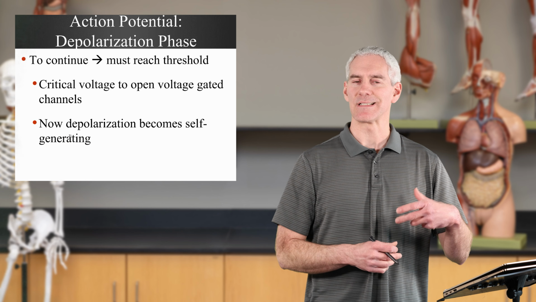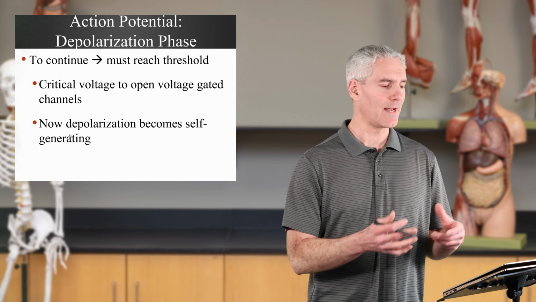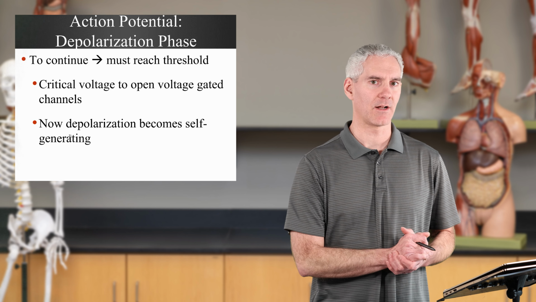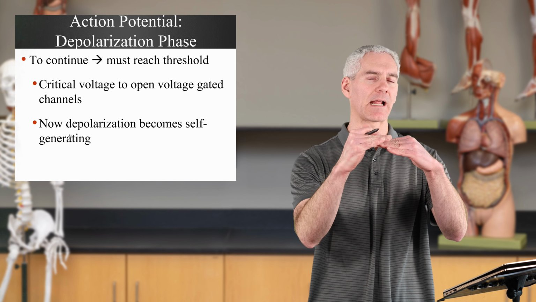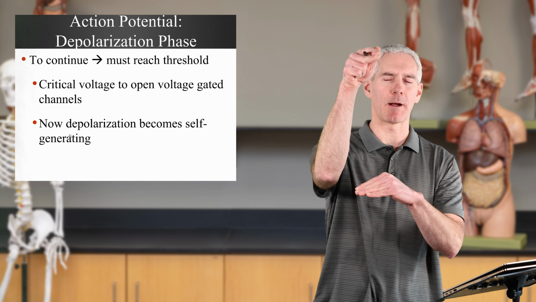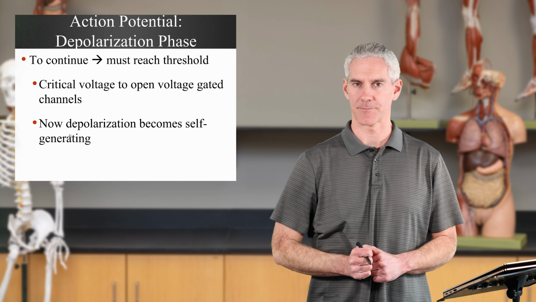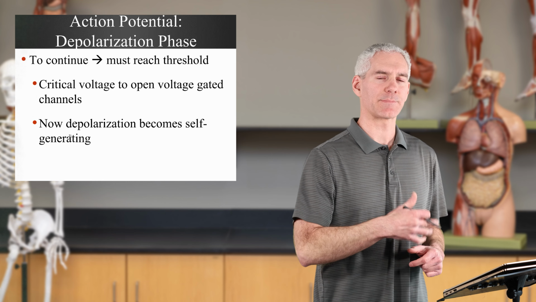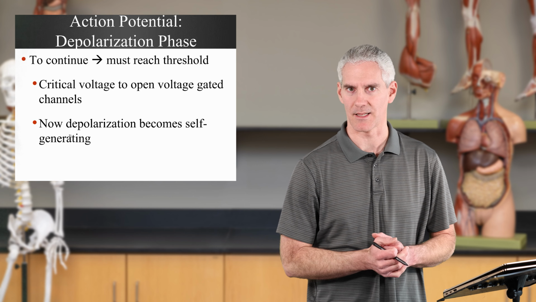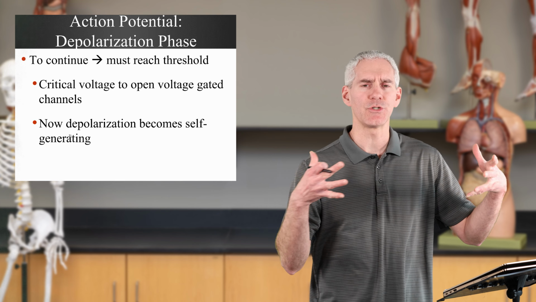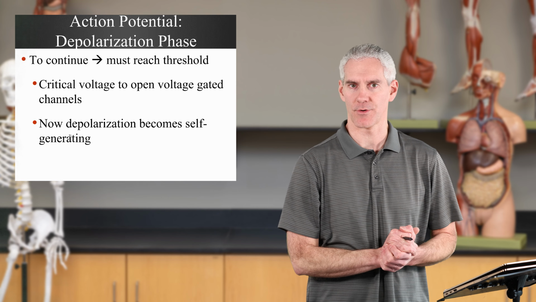So this is your depolarization. Once you've opened up these voltage regulated channels, you'll shoot from negative 55 all the way up to about positive 30 very quickly. It's a very fast process because of all the sodium ions that come rushing into the cell. This is a huge influx down the concentration gradients.